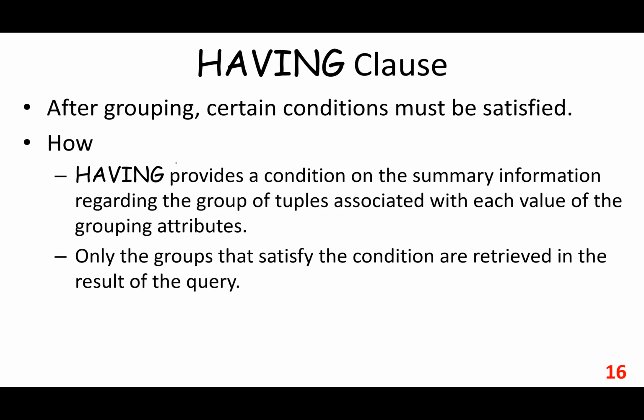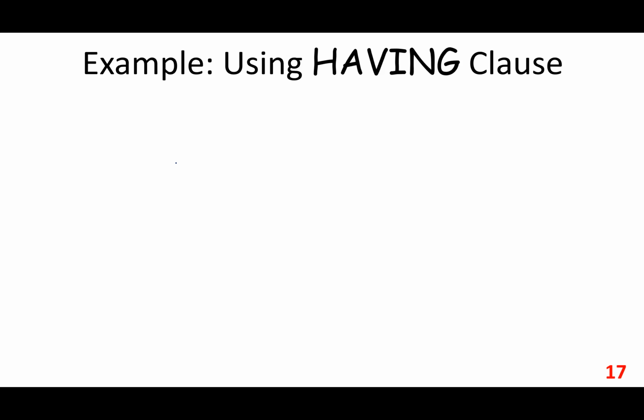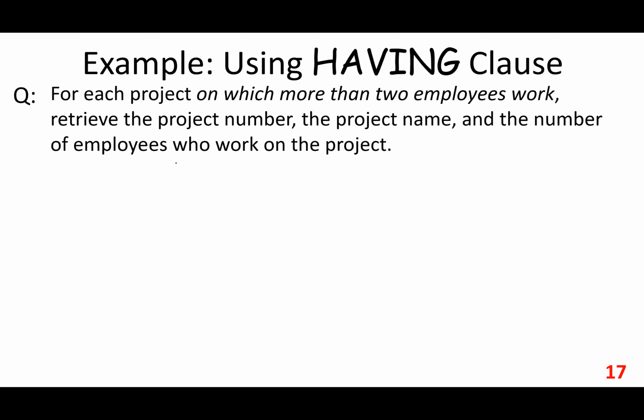Having provides a condition on the summary information regarding the group of tuples associated with each value of the grouping attributes. Only the groups that satisfy the condition are retrieved in the result of the query. It's pretty natural. Let's look at a simple example. For each project on which more than 2 employees work, retrieve the project number, the project name, and the number of employees who work on the project.